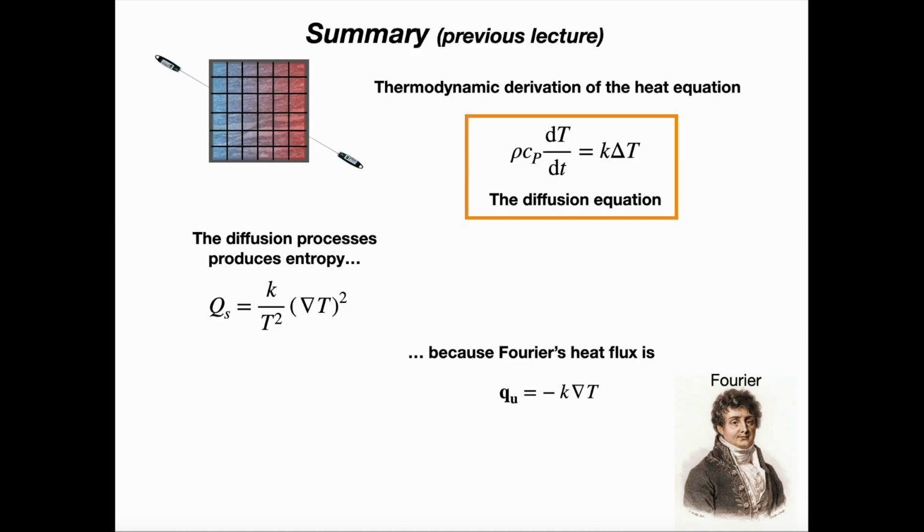This equation takes the form of the diffusion equation, which relates the rate of change of temperature to the Laplacian of temperature, when K, the thermal conductivity, is considered constant with regard to space. To derive this equation, we made sure that the entropy production is positive, and in order to construct the entropy production term, we had to supply a formula for the heat flux, and this was Fourier's heat flux.